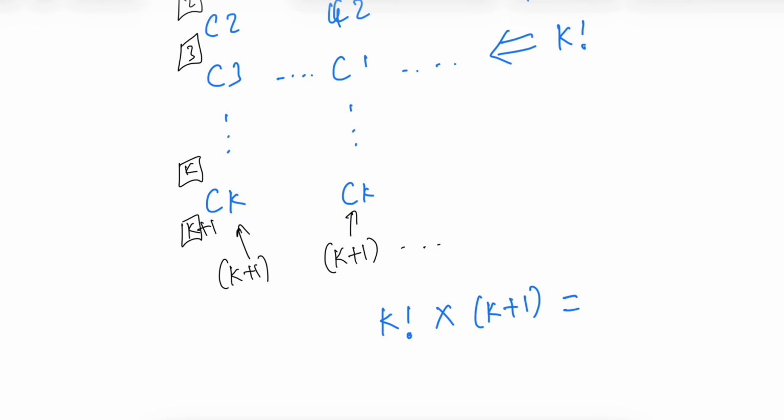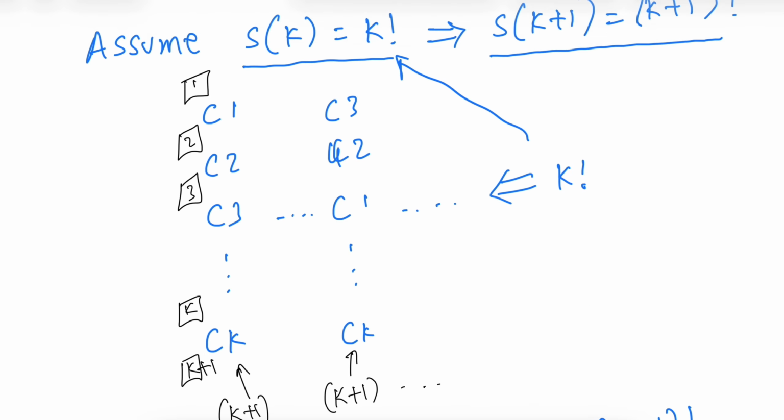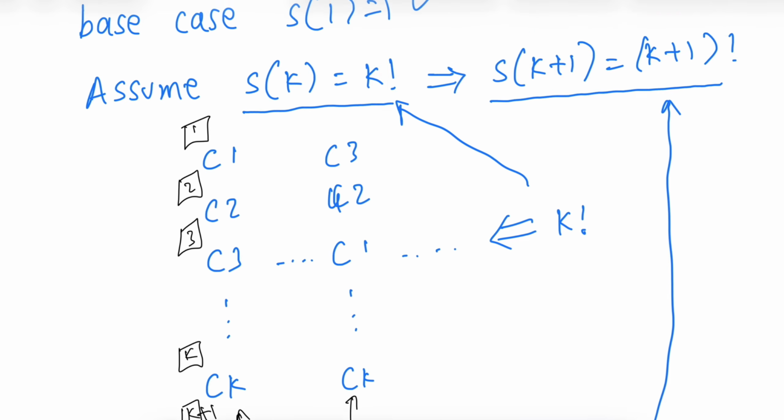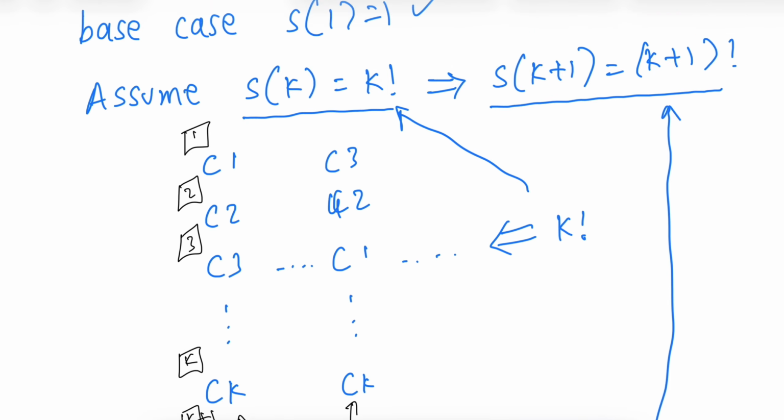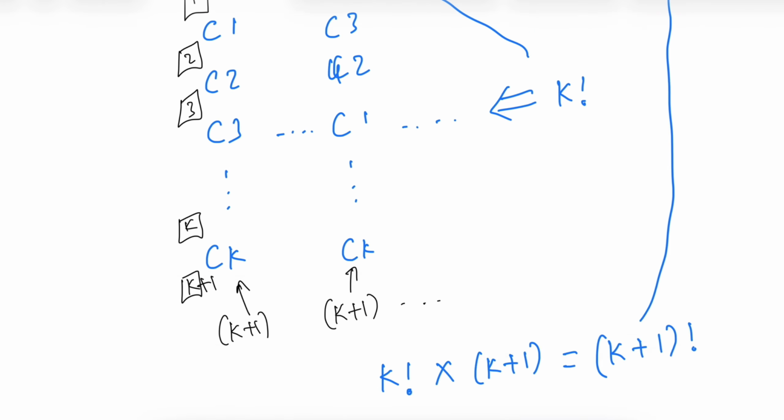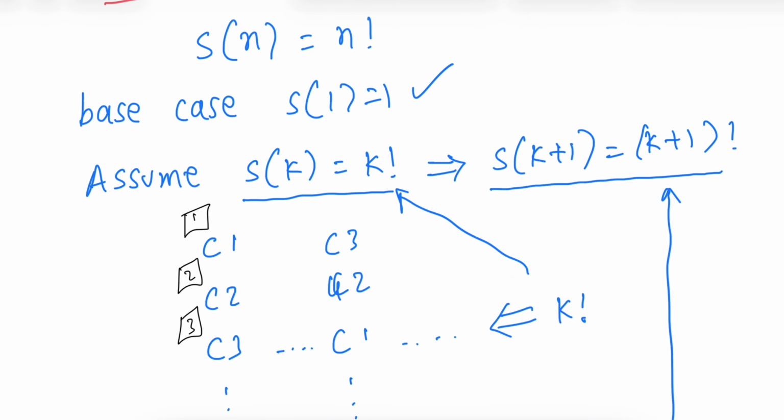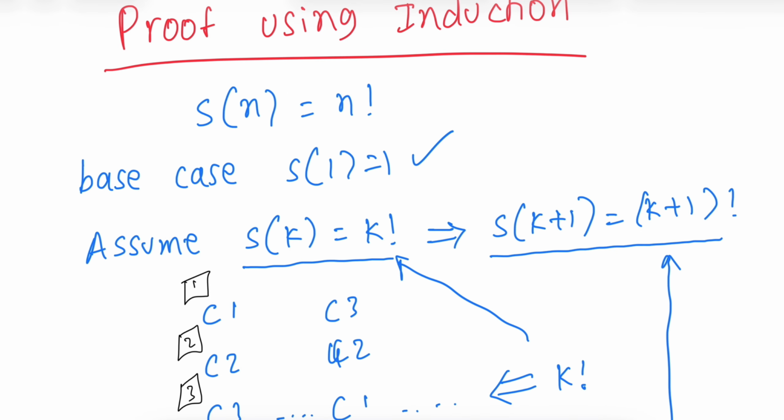And this is nothing but (k+1) factorial, which is what we wanted to prove: S(k+1) is equal to (k+1) factorial, right? So this proves that the number of ways you can arrange n objects, or make n persons stand in a line, is n factorial.